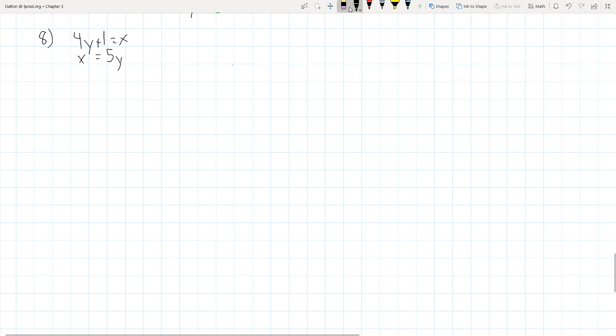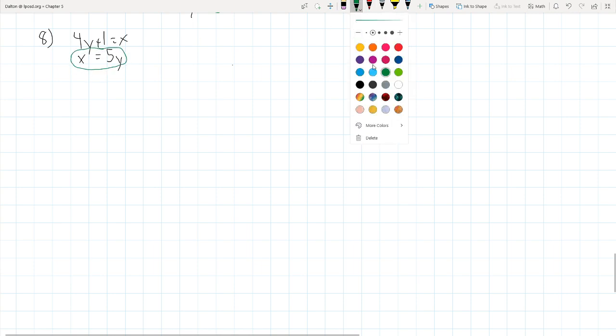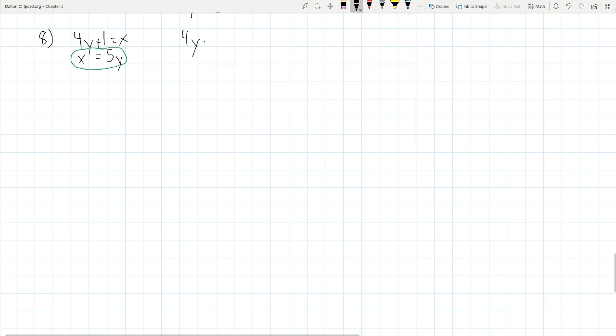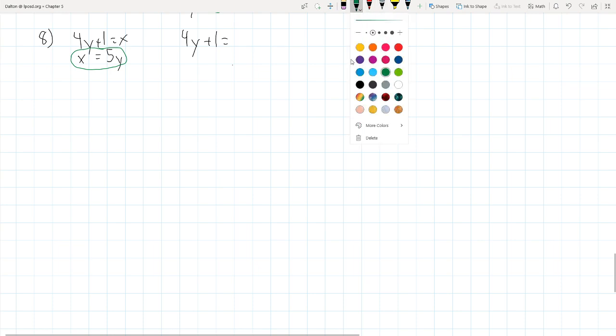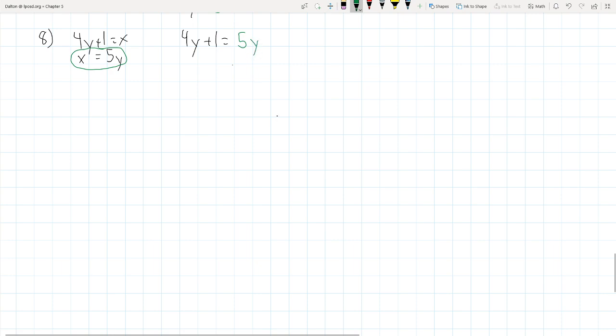So what I'm going to do, and let me circle this one in green, so you kind of see the substitution that happens. We have 4y plus 1 equals 5y, because this x right here is this 5y, and this 5y gets put in for x.